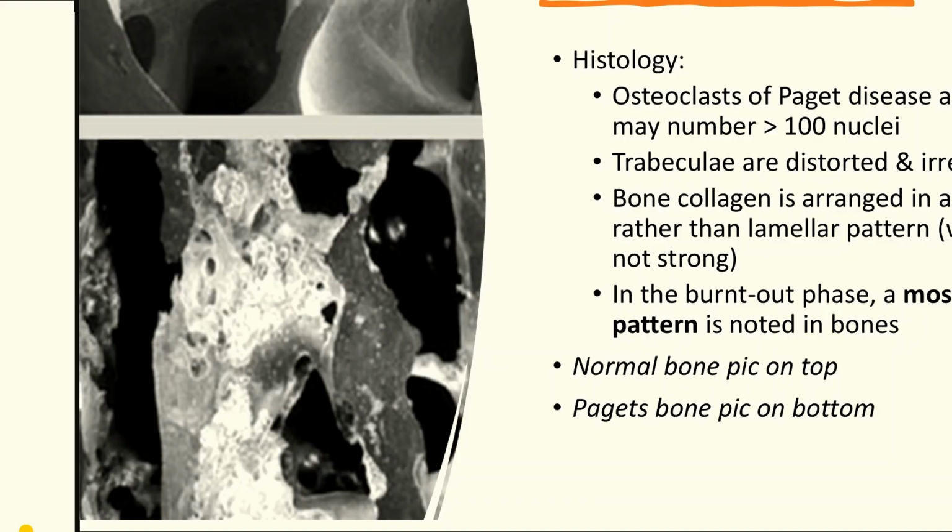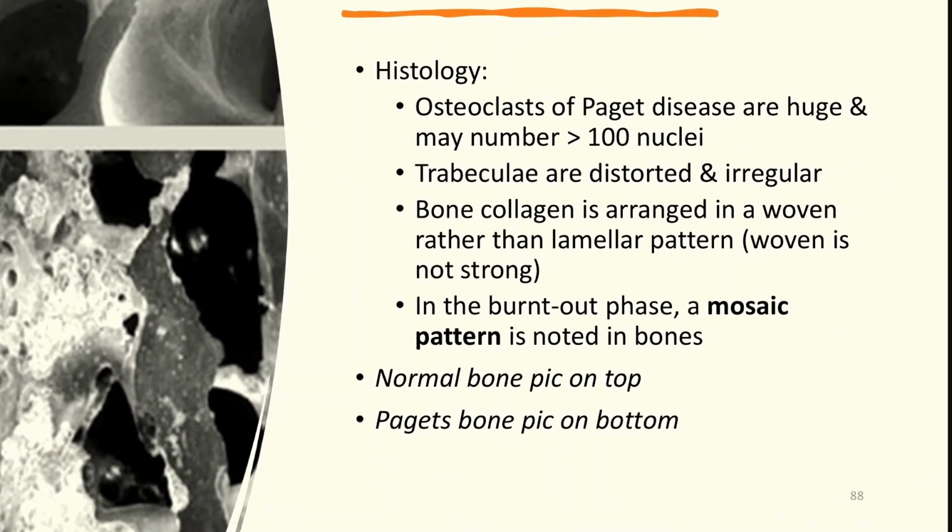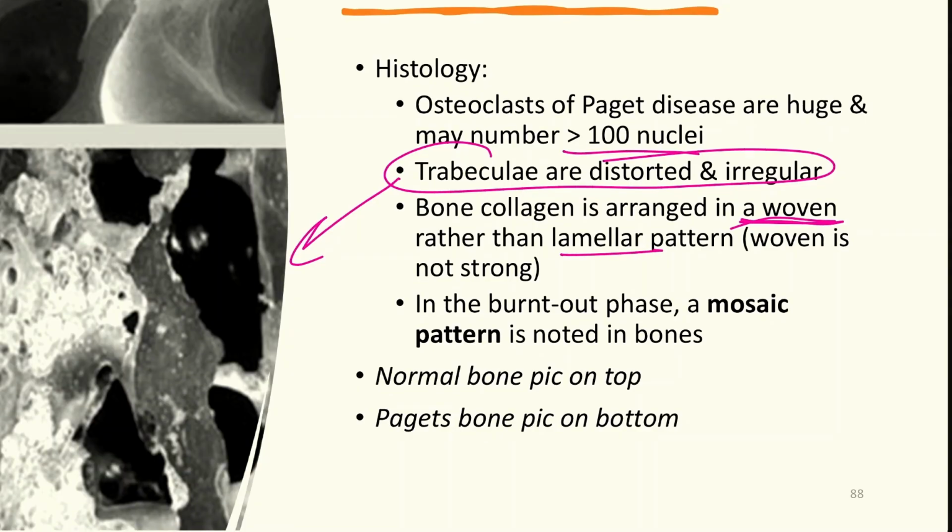This is all histology. The osteoclasts of Paget disease are huge, with greater than 100 nuclei. The trabeculae are distorted and irregular, which is right there. Bone collagen is arranged in a woven pattern rather than a lamellar pattern, lamellar meaning straight lines. Woven is moving around. Woven is not strong when it comes to bones.